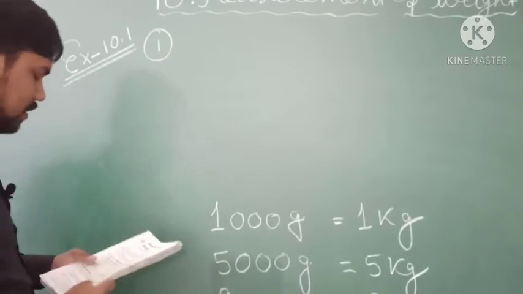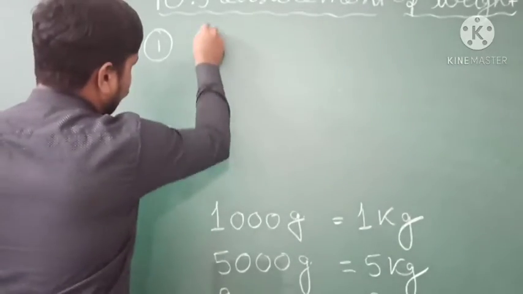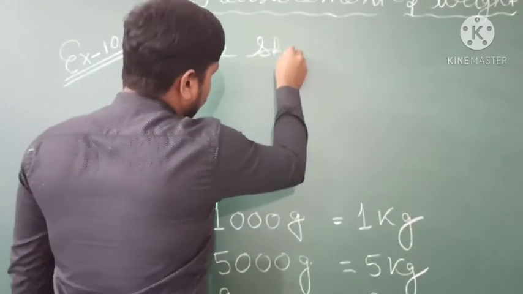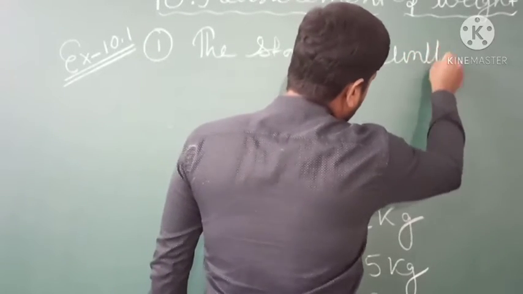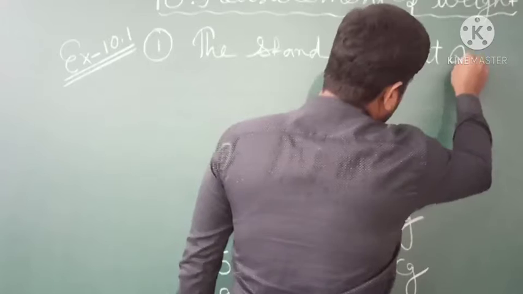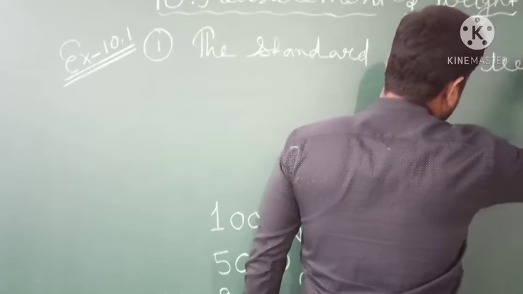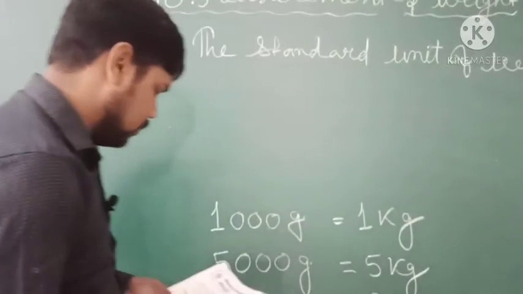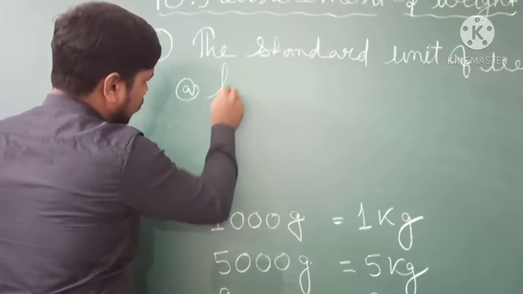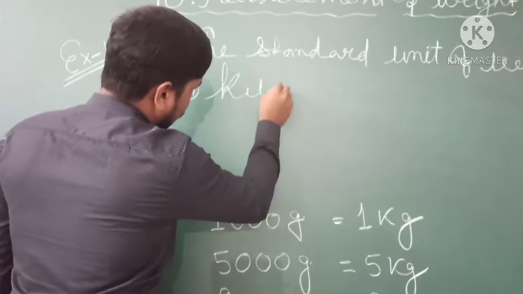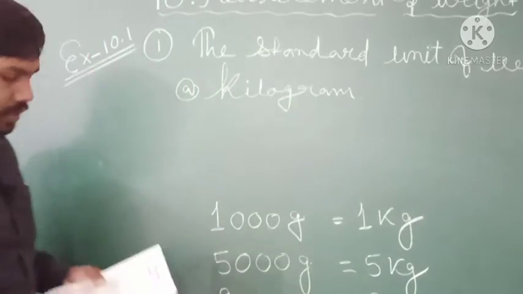The first question is asking about the standard unit of weight, which we have just learned. The first option here is kilogram, so definitely the first option will be the correct one.